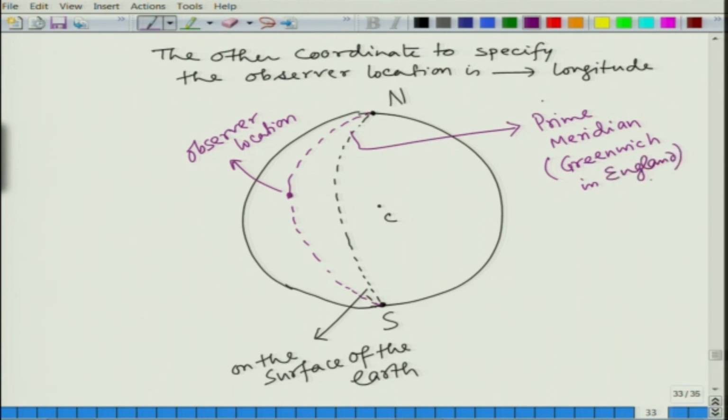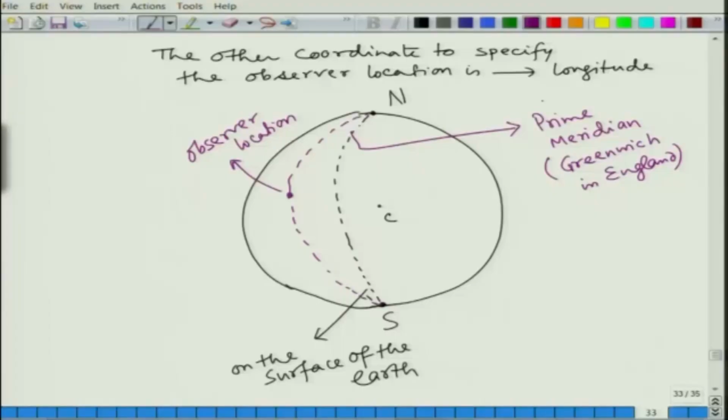As they first did this fixing of this line, that is why they could fix it to their location. There is nothing sacrosanct about Greenwich, it is just arbitrarily determined, but once you determine it, that serves the purpose of your line, that will give you the reference frame.